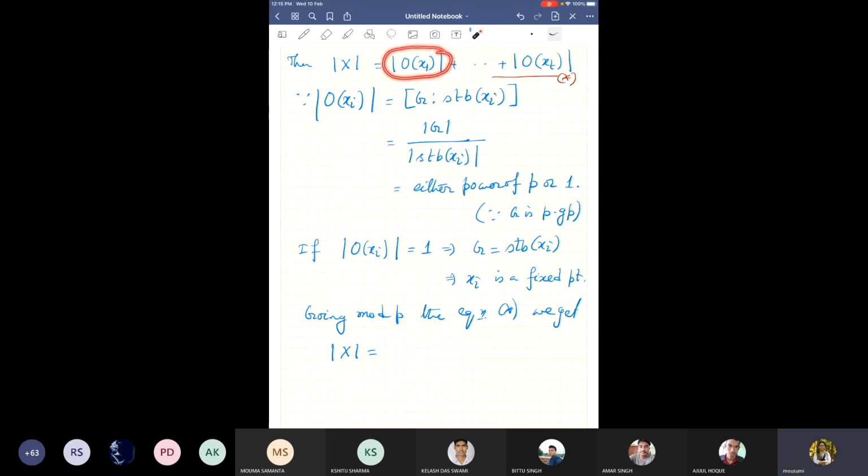The cardinalities of these orbits are either 1 or p to the power of something. Now if I am going mod p, those orbits which have cardinality p to the power i will vanish, right? Only the orbits which have cardinality 1 will survive, but cardinality 1 means fixed points. So this gives you the number of fixed points.